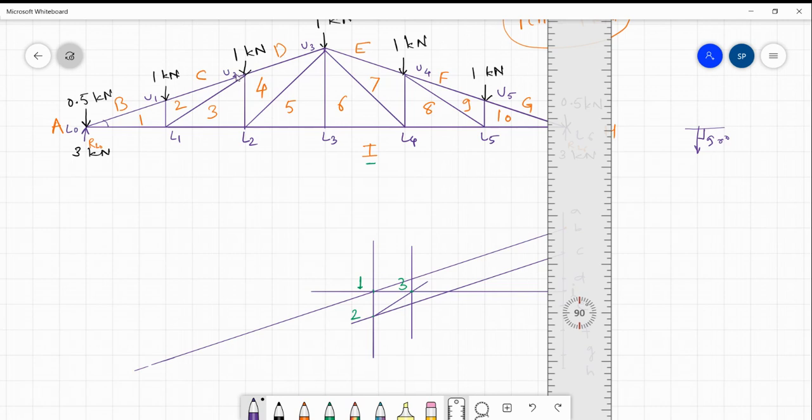So we are developing the member force U2, U3. We are calculating that one.